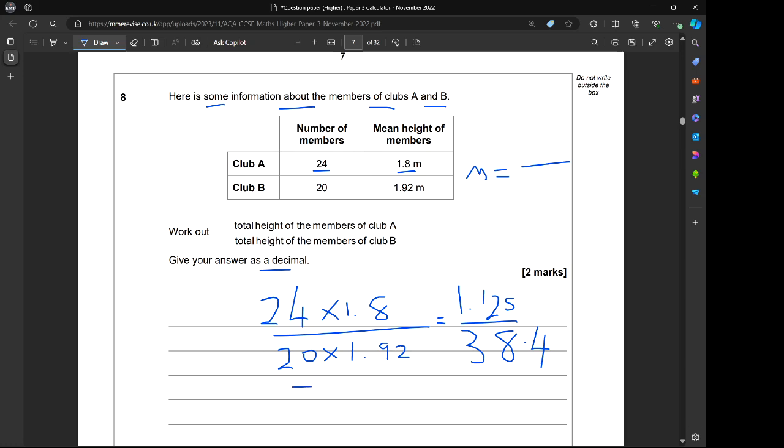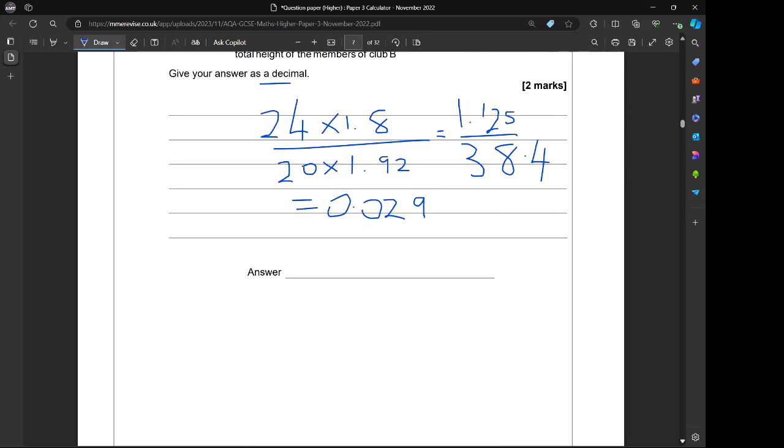We get an answer of 0.029 to 3 decimal places. Therefore, that is going to be our final answer. Does that make sense, guys?